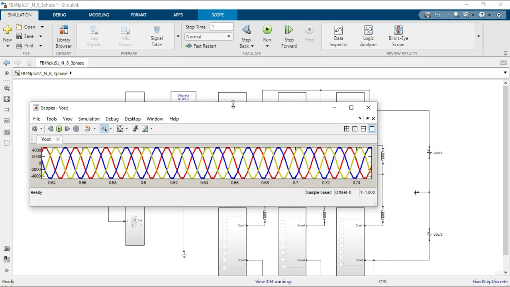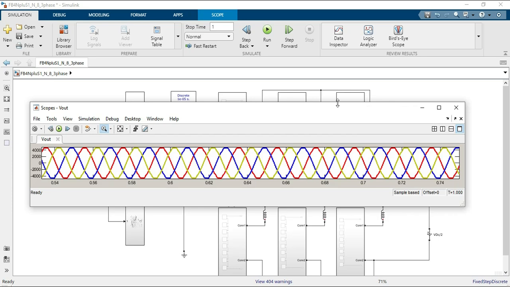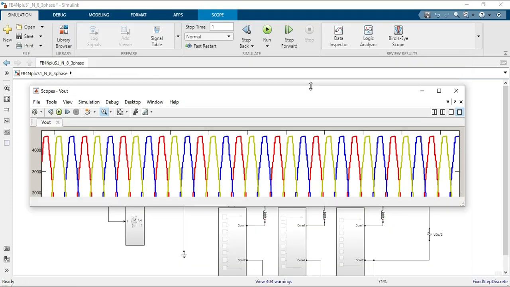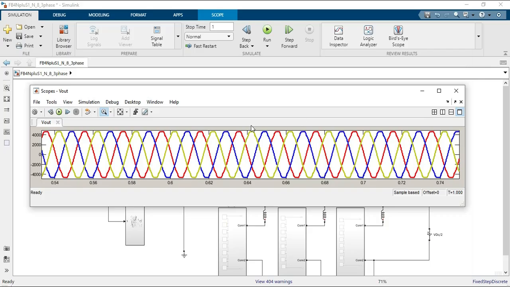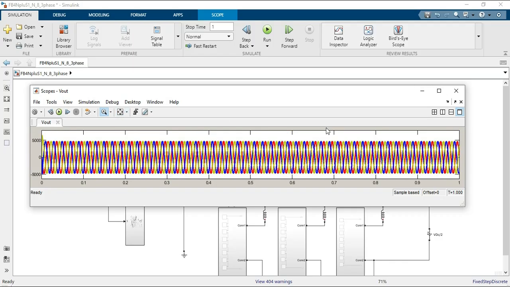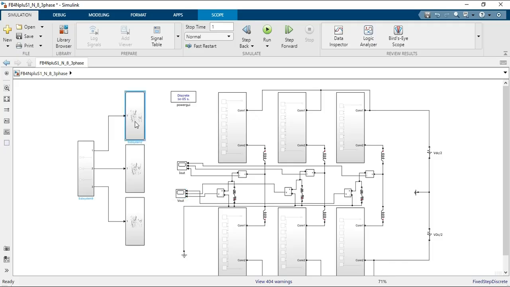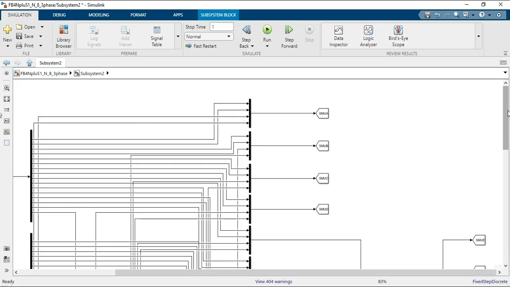Here you can see that the output levels are 4N+1, and the output becomes purely sinusoidal with 8 submodules, and the THD is very low compared to the results with 2N+1, which is the conventional control.